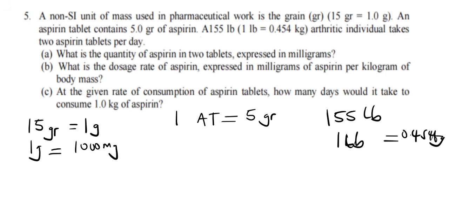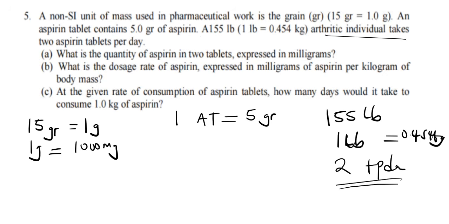Then this patient takes 2 aspirin tablets per day. Each tablet contains 5 grains, but they take 2 tablets per day. Let's just write it like that. Then let's now answer these questions.